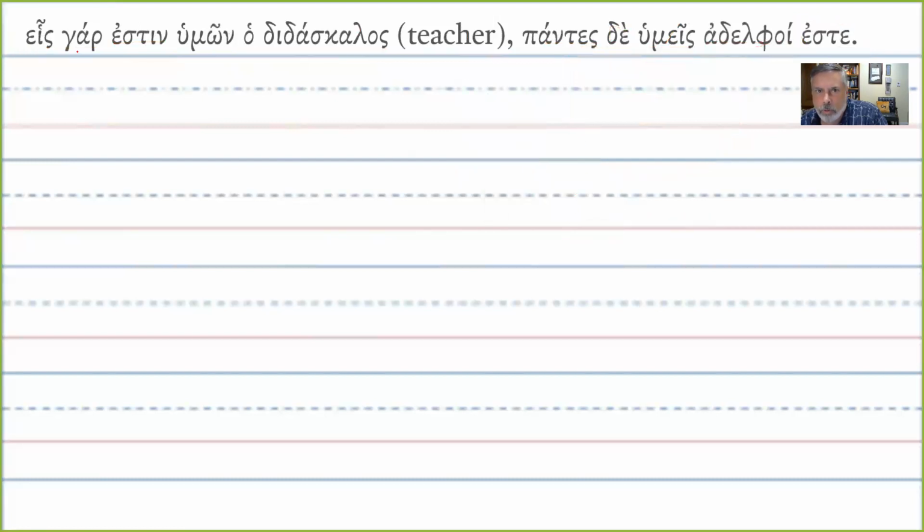Okay, so for one is your teacher, but or and you all, that's y'all, speaking Greek and Southern Greek, you all are brothers. And we know the order because Pontes, nominative, plural, humes, nominative, plural, Aldelphoi, nominative, plural, ested, nominative, plural.